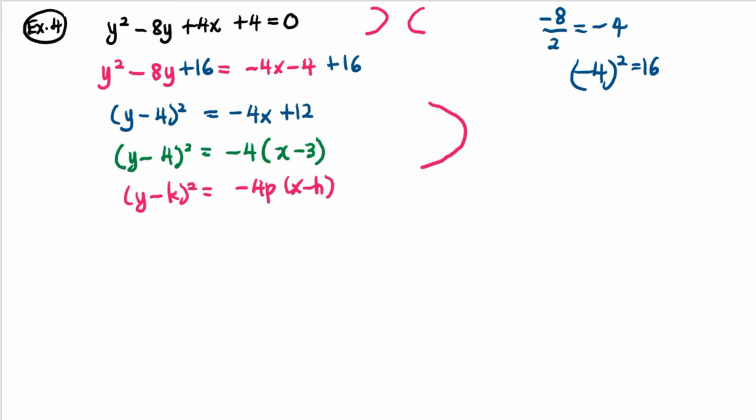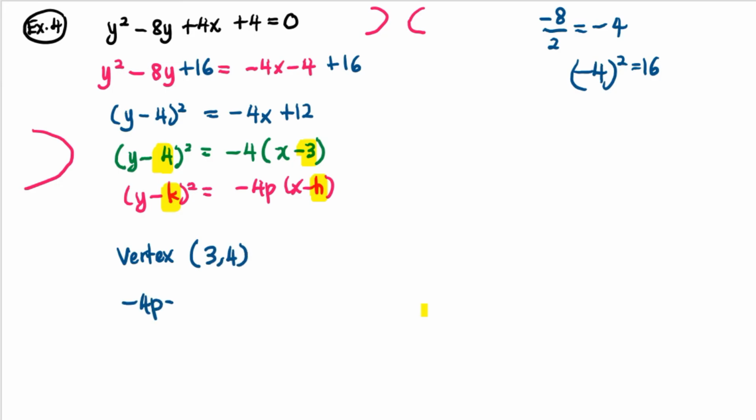Therefore the vertex is given by (h, k), where h is 3 and k is 4, and our -4p is equal to -4. Therefore p is equal to 1. Now our p is 1 and the vertex is (3, 4).